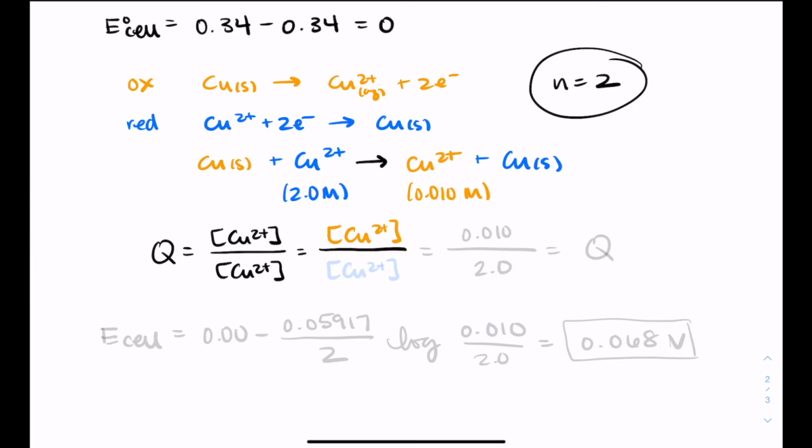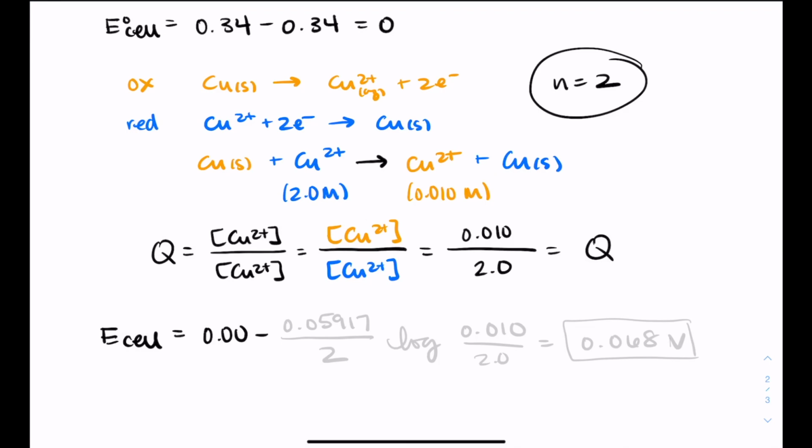This gives me enough information to set up my reaction quotient. My reaction quotient is the concentration of copper 2 plus over the concentration of copper 2 plus. But we have set this up so that you know which is the product and which is the reactant. So it's the orange copper 2 plus over the blue copper 2 plus, which is the 0.010 divided by 2. That is my Q value.